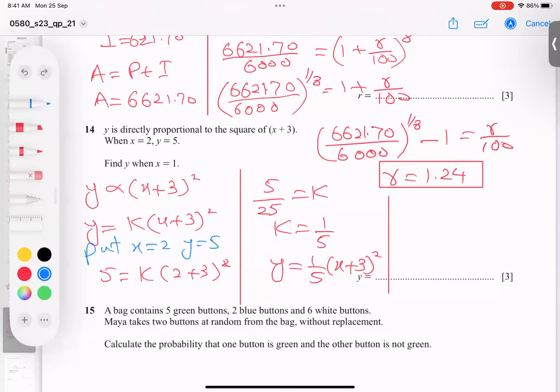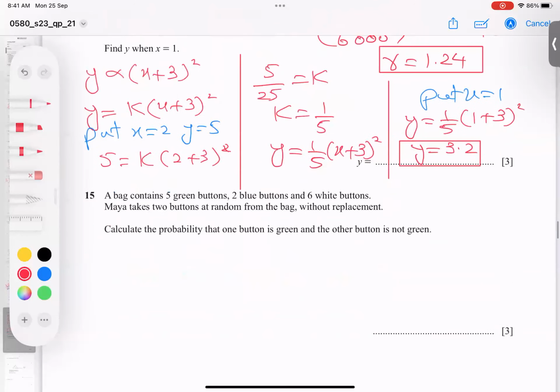So put X equal to 1. And when I put X 1 there, Y is equal to 1 by 5 times 1 plus 3, which becomes 4. 4 square is 16. And 16 by 5. So let's see. 16 divided by 5 is 3.2. So I get 3.2. And this is my final answer.